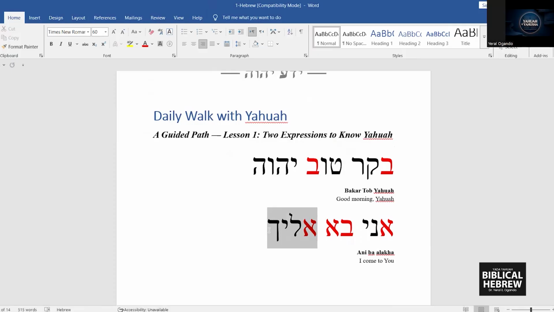I come to you. You're going to understand sometimes that when you see that Yad or Yod in some letters, it works as a liaison, connecting one with another, actually giving a pronunciation. You can say Aniba Alakha, but we're using Aniba Alakha as I come to you.